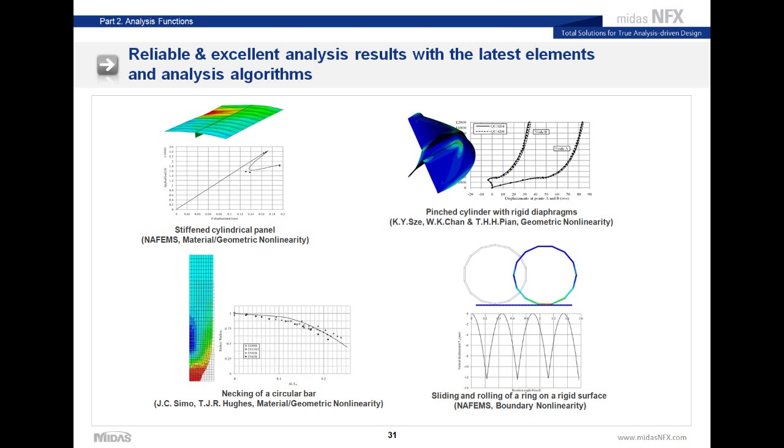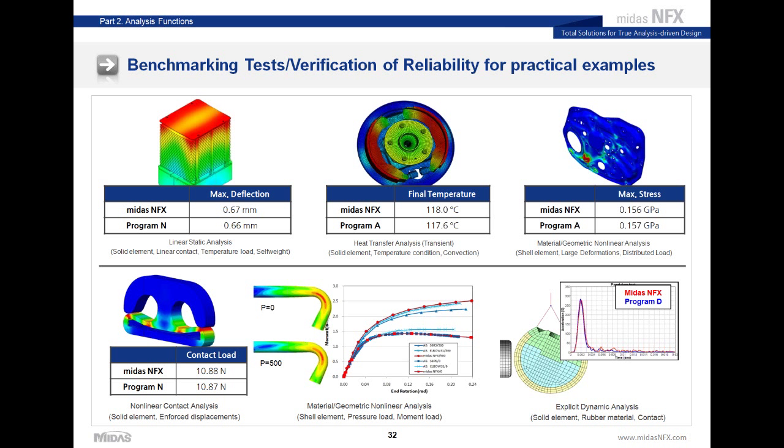Moreover, Midas NFX is reliable and has been used in several research theses. The benchmarking tests done on Midas NFX in comparison with other software gave some very conclusive results, and you can observe that the difference in all these examples is very minimal: 0.01 millimeter in this linear analysis, 0.4 degree for this heat transfer analysis, and also 0.01 for this nonlinear contact analysis.